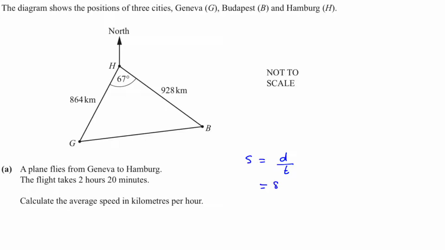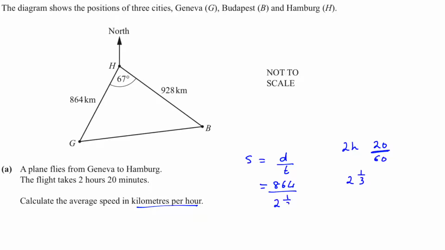Distance is 864 kilometers. Time is 2 hours and 20 minutes. You have to change the minutes into hours because they want kilometers per hour. We'll divide by 60. You will get 1/3. So 2 1/3.